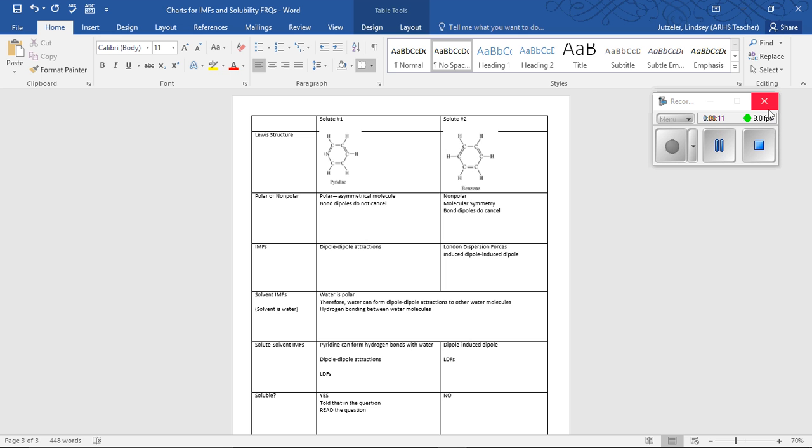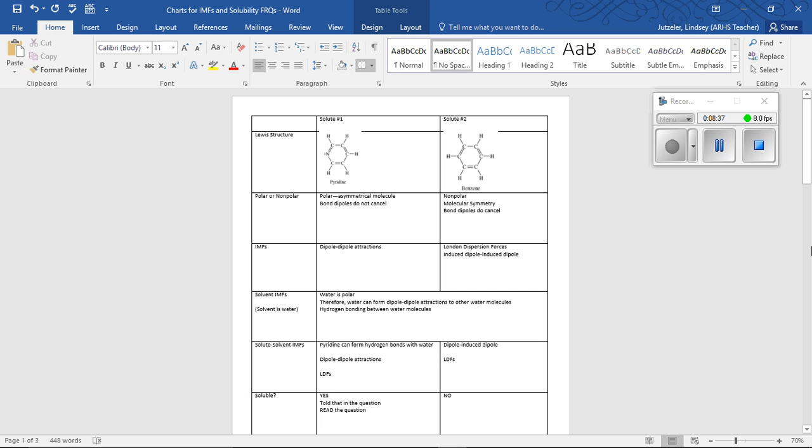For a solubility question, which is like part A, after you do the IMFs of the solute, you want to do the IMFs of the solvent. And then, most importantly, the IMFs of the solute and solvent combo. So for a solubility question, you want to think about the 3 steps of dissolving, and make sure that you have IMFs listed for each of those 3 steps.